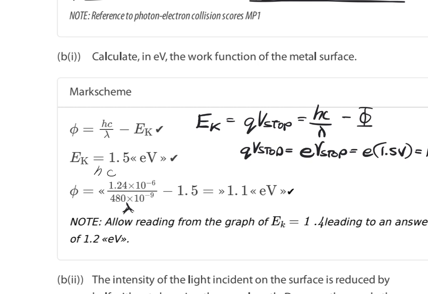That's h times c, but h is in joules, and we're working with electron volts, so we have to do a joule to electron volt conversion by dividing by 1.6 times 10 to the negative 19. So if we do 6.63 times 10 to the negative 34 times 3 times 10 to the 8 divided by 1.6 times 10 to the negative 19, we get 1.24 times 10 to the negative 6. So that divided by the wavelength minus the 1.5 eV gets us 1.1 eV.